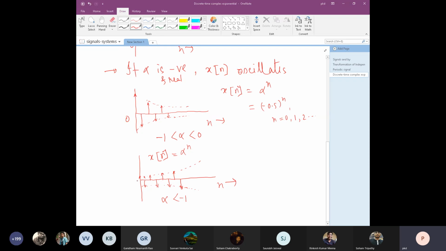So this is basically 0, then this is 1, 2, 3, 4, like that. Because mod of alpha is greater than 1, the magnitude is increasing, and because a minus 1 to the power n is multiplied, it gives rise to the oscillation.